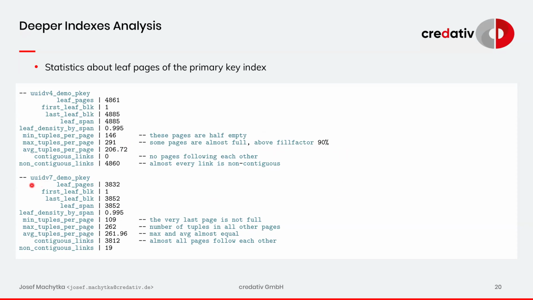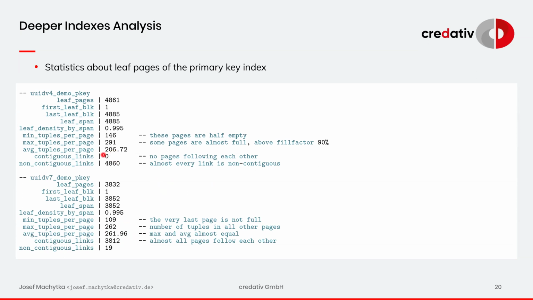Here, for UUID version 7, practically all pages have the same count of tuples per page, this 262. Only the very last page is not full. So this is why that average is almost the same as the maximum count of tuples per page.